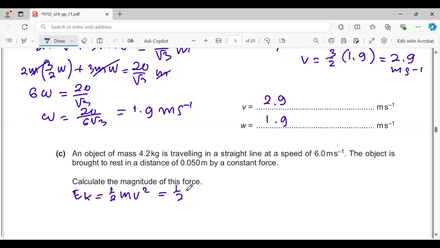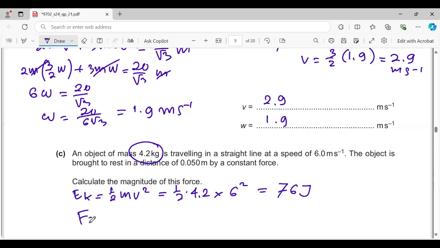It is half times 4.2 kg times 6 squared. If you calculate, it will be 76 joule.